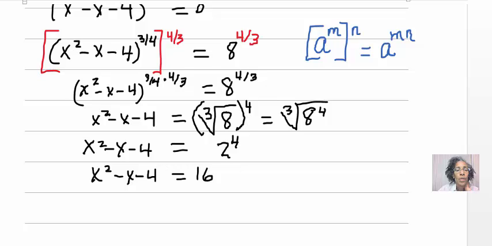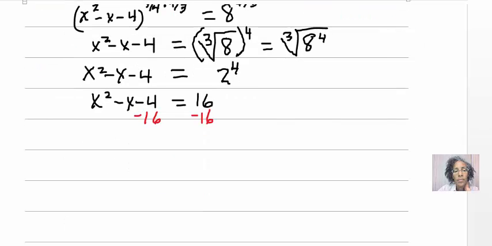And I'm going to subtract 16 from both sides to get this in standard form. So x squared minus x minus 20 is 0.